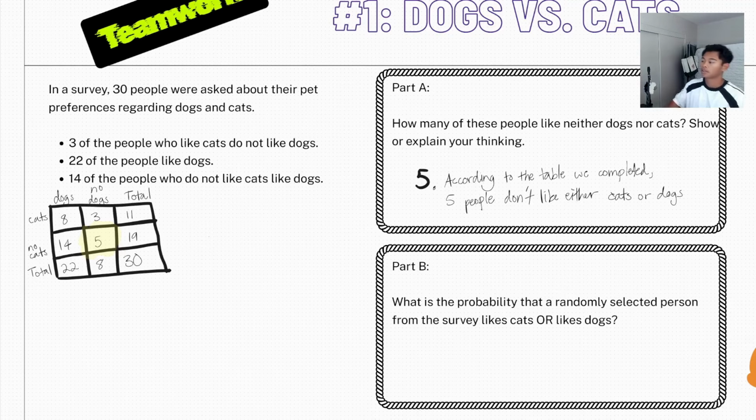Okay. Next we go to part B, which is what is the probability that a randomly selected person from the survey likes cats or likes dogs? So you could be that guy or that girl that memorizes all the formulas in math class, but I was not that guy. Okay?